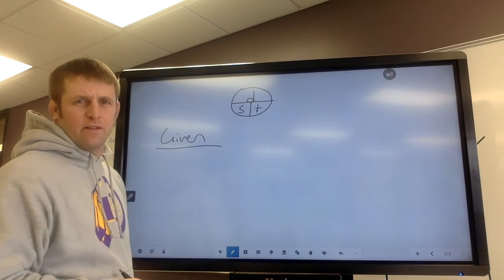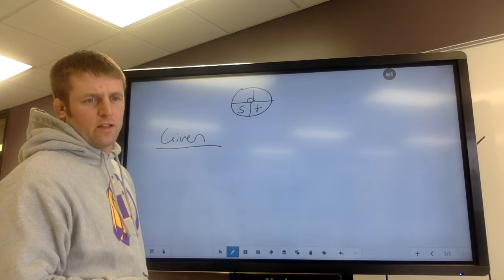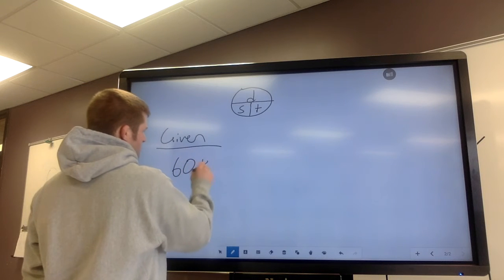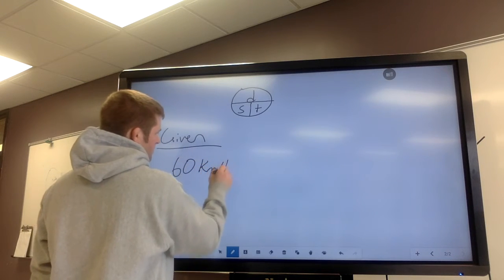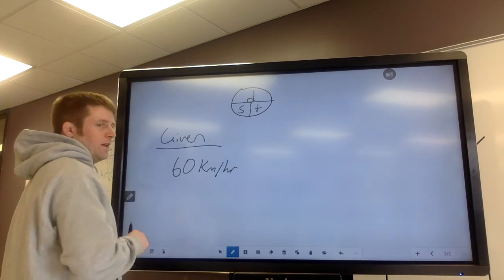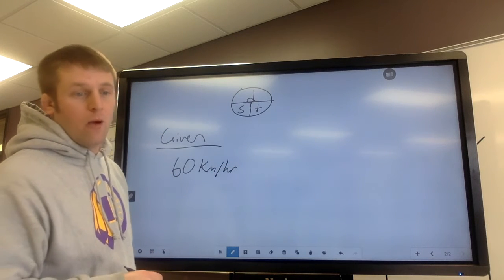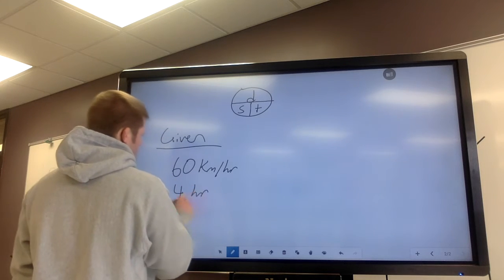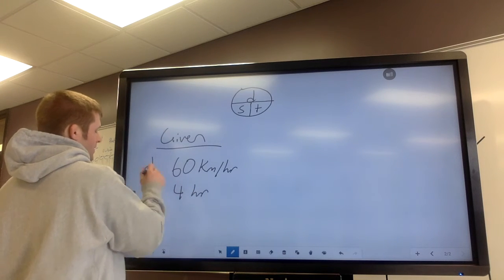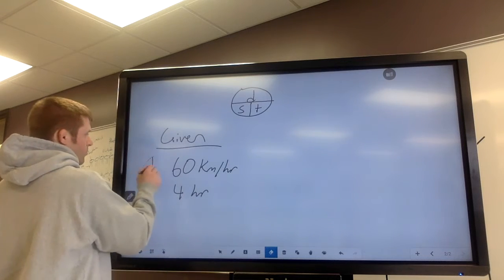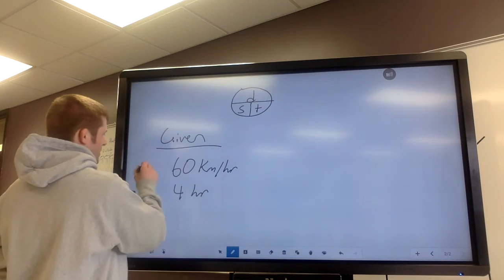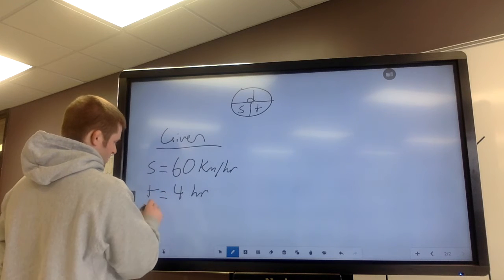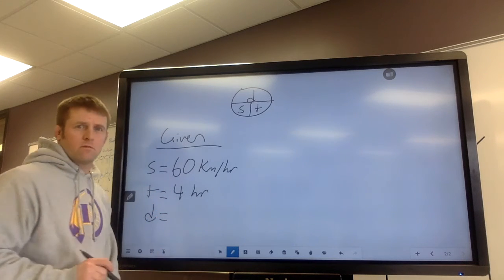What they tell us is that they're going at 60 kilometers per hour, and then they say if you did that for 4 hours, so they give you a time. They give us a rate of 60 kilometers per hour, so that is going to be our speed. This is going to be our time. And we are looking for distance.